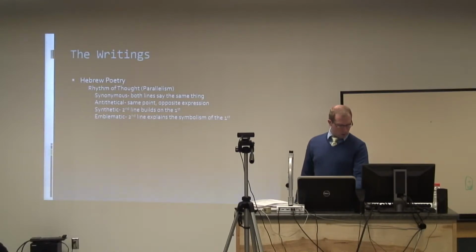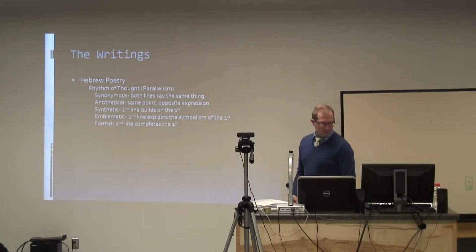And there's one more type of parallelism that we call formal parallelism. You can look at Psalm 2:6. "But as for me, I have installed my king upon Zion, my holy mountain."